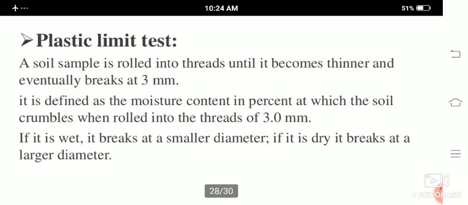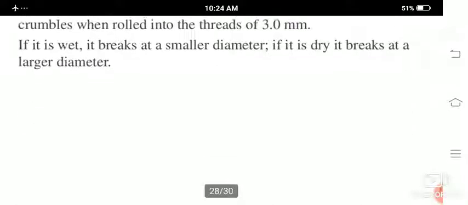There will be some crumbling, that means the 3 mm rod breaks. Take the broken pieces with the smaller diameter, put them in a container, and oven dry them so that you get the moisture content present in the soil sample.